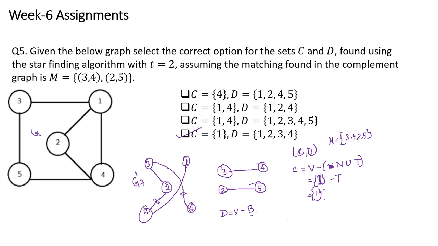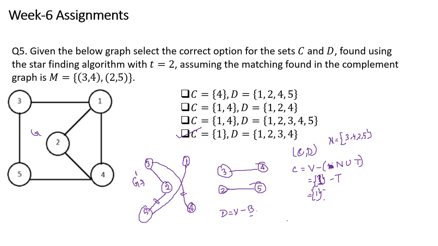Let's say among them, who has adjacency with the nodes in C. So C contains only one node, which is 1, and 1 is adjacent to 5 only.